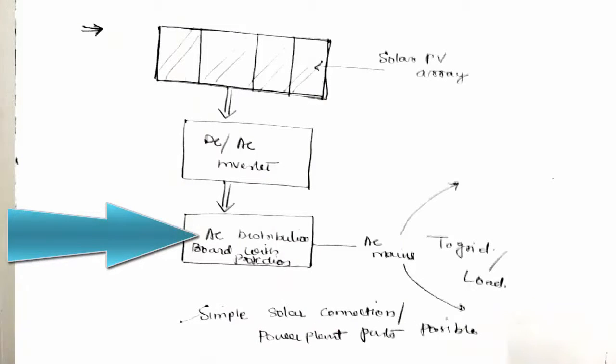This power will be converted from DC form to AC form using an inverter, and then connected to the AC distribution board or the circuit breaker, switchgear, etc., and finally connected to the grid, and it can be connected to the grid or supplied to the load.